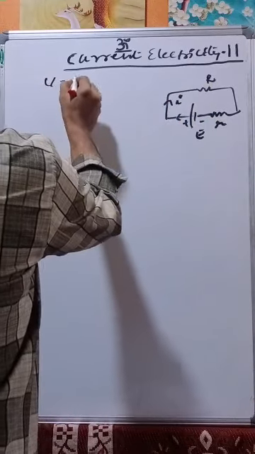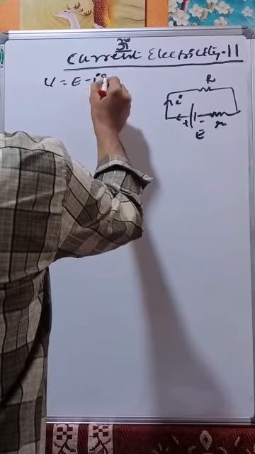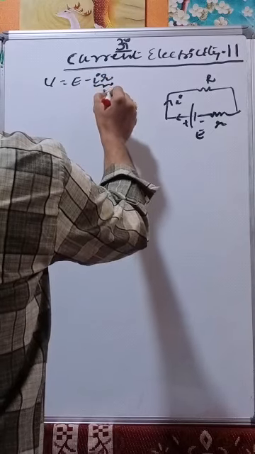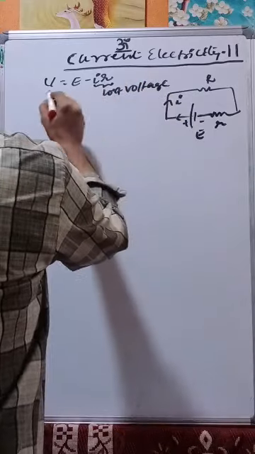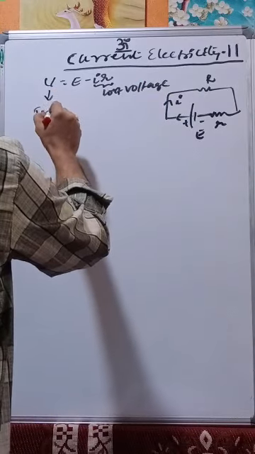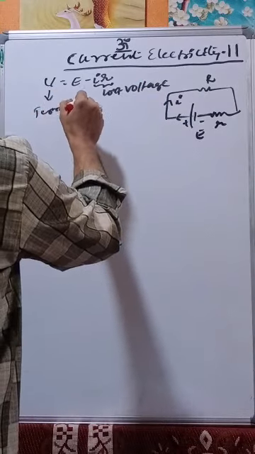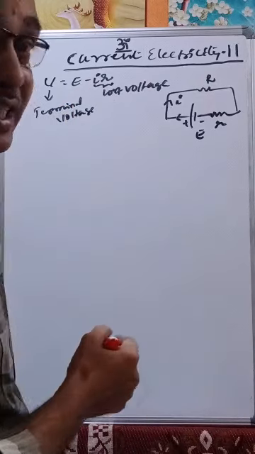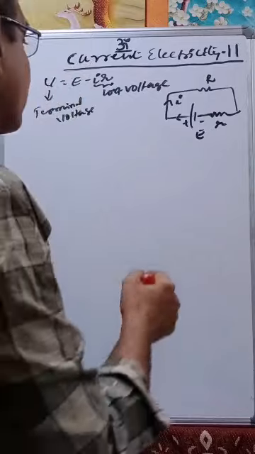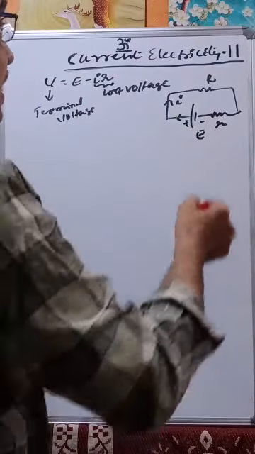Then V is equal to E minus Ir. This is called lost voltage, and this is called terminal voltage. E is the available voltage. This we discussed in the previous class.